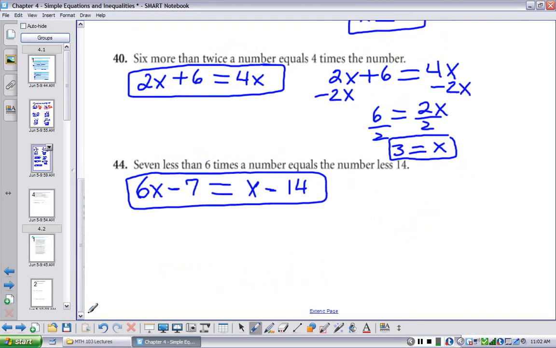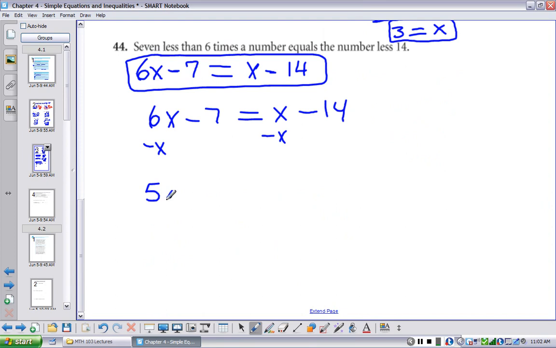And then number 44, 6x minus 7 equals x minus 14. I'm going to go ahead and subtract x from both sides. So I'm going to have 5x minus 7 equals negative 14. And then I'm going to get this 5x over here on both sides by adding 7.